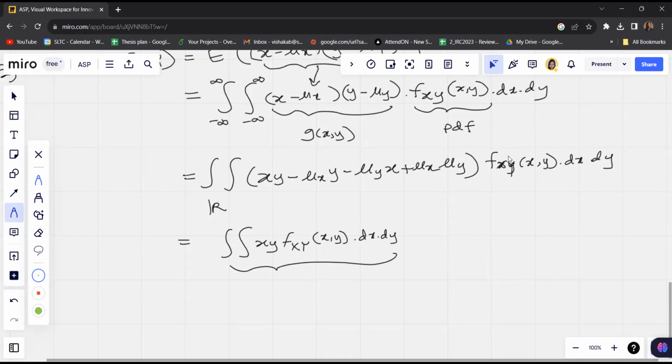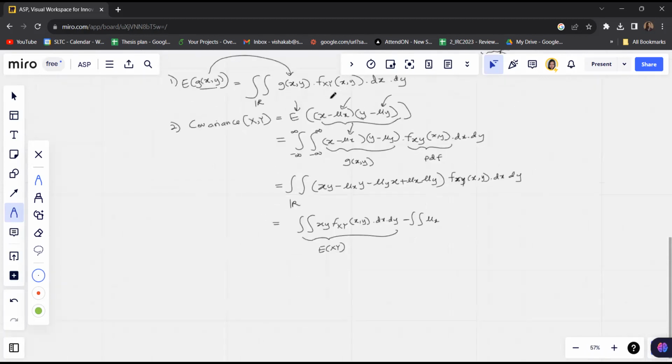From our definitions, what is this in terms of expectation operation? That would be E[XY], right? Yes, it's correct. So E[XY]. Then I am left with the next components. So double integral, mu_x is a constant here.